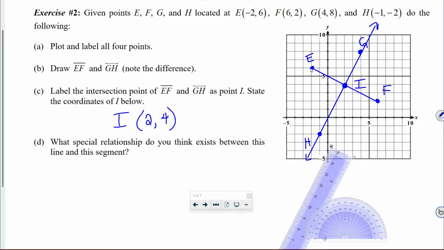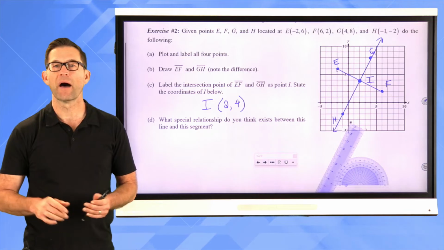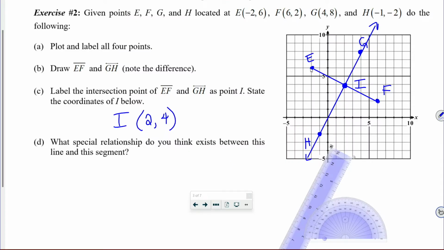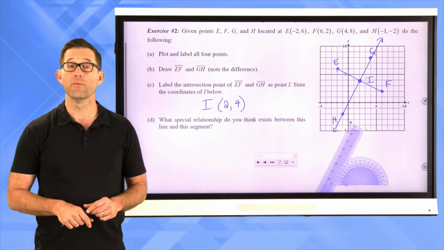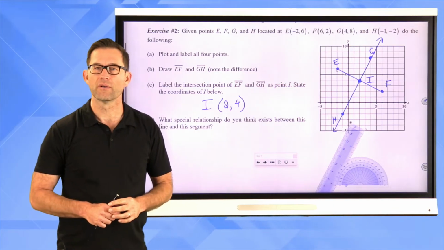Now, letter D. What special relationship do you think exists between this line and this segment? So what do you think? What do you think is true about this line and this segment? Well, one thing that you might note is it kind of looks like they're perpendicular to each other, right?